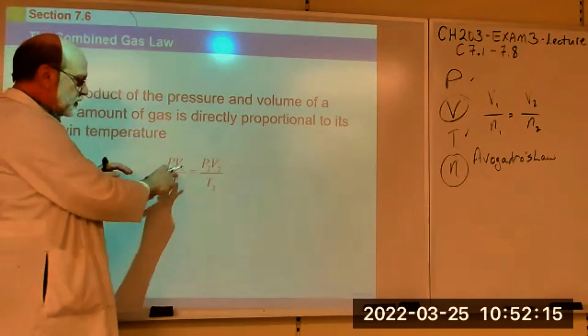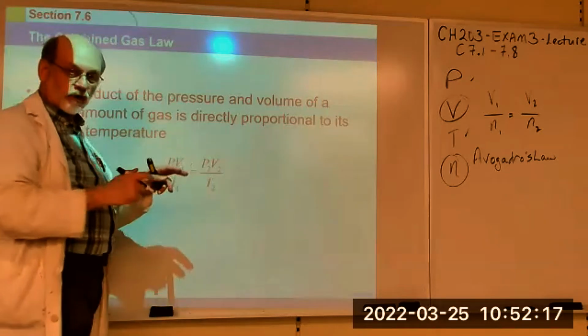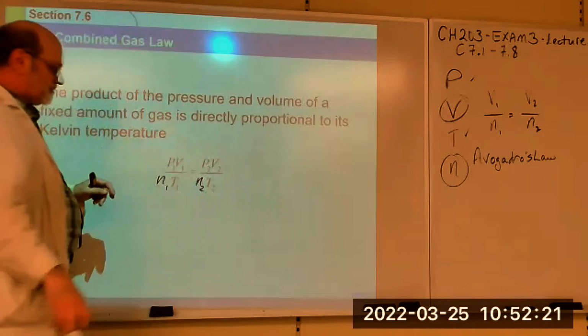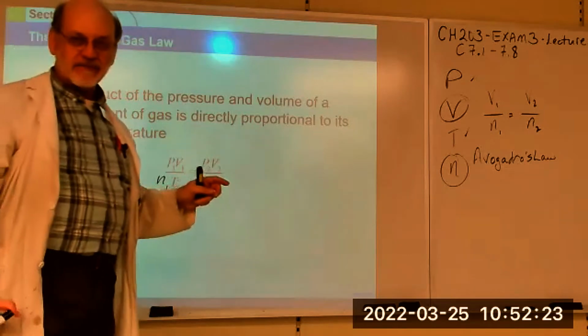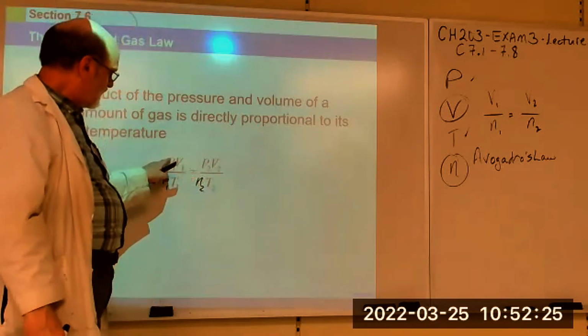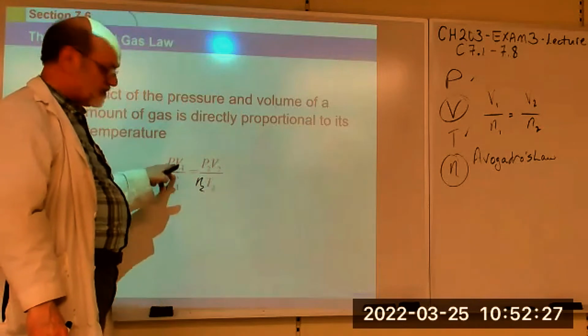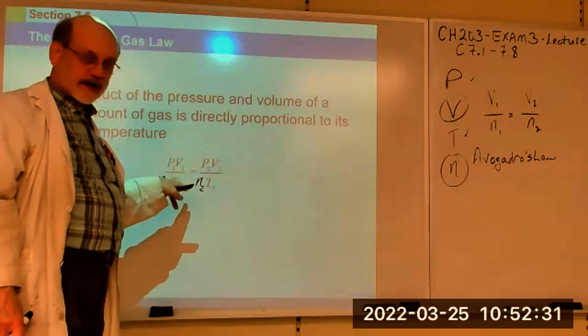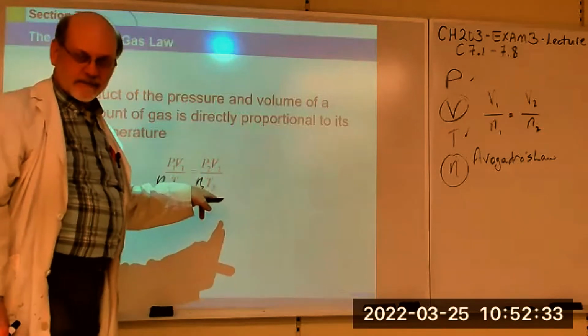But if we also include the relationship of volume and moles, we have N1 here and N2 there. So that is the combined gas law: PV over NT, P1V1 over N1T1 equals P2V2 over N2T2.